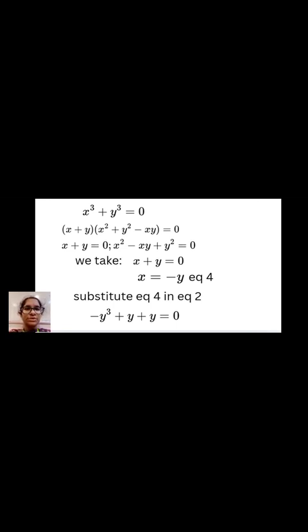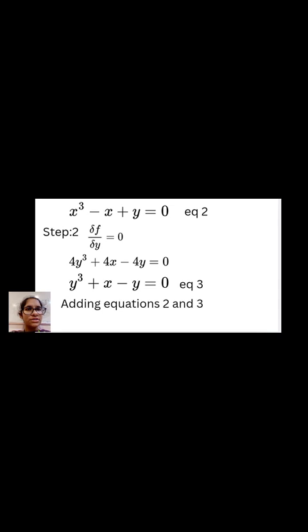x + y = 0, or x^2 - xy + y^2 = 0. We take x + y = 0. Then we get x = -y. We consider this as equation 4. Now substituting equation 4 in equation 2, we get -y^3 + y = 0.